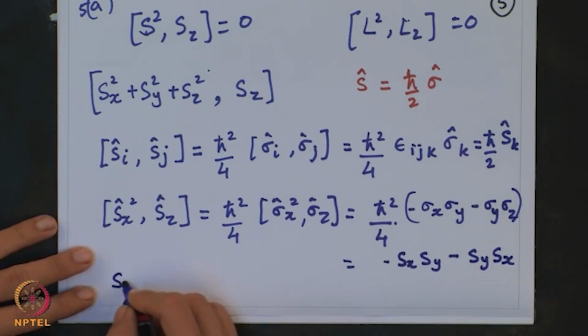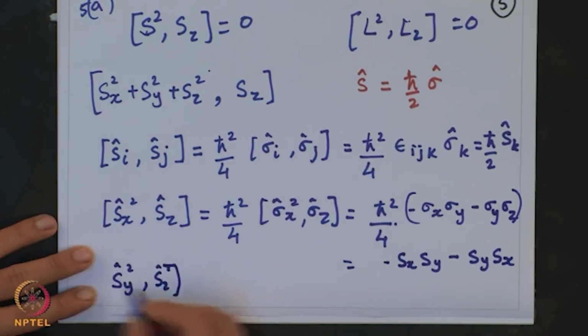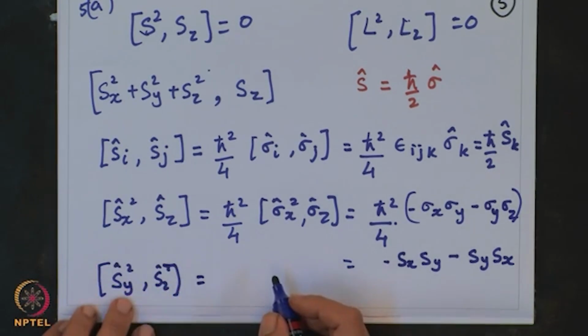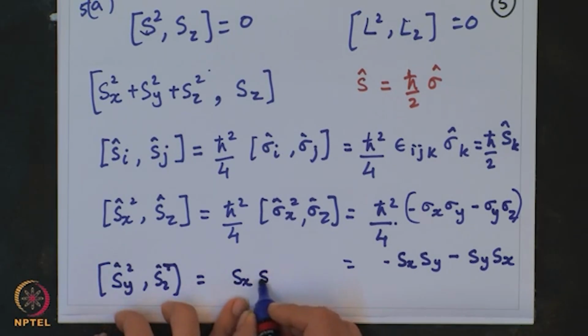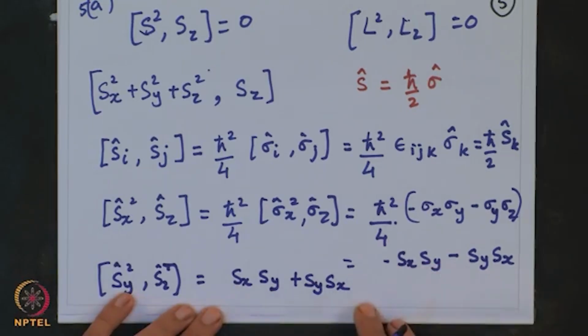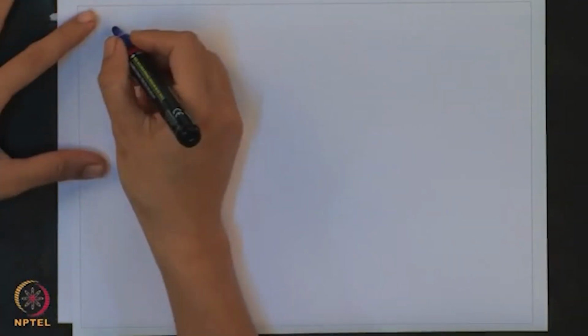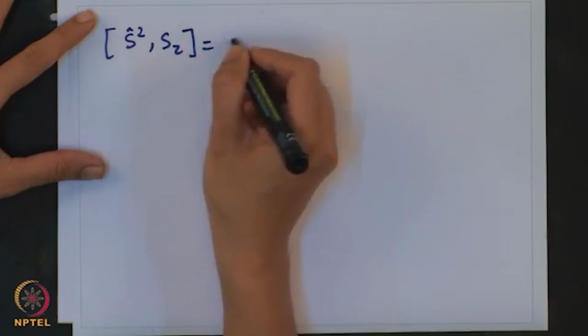And what do I obtain for Sy square and Sz? Now you have a y z. So, you will obtain SxSy plus SySx, and for Sz square and Sz, you know the commutator is 0. So, when you add these, the final answer you obtain is that the commutator of S square with Sz is 0.